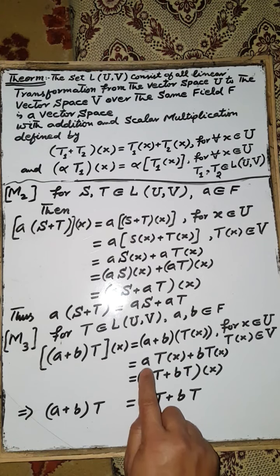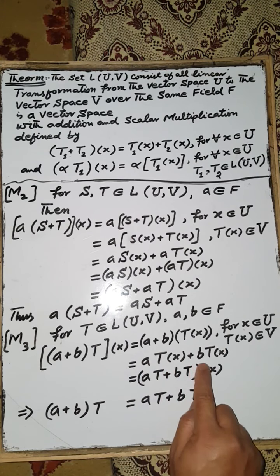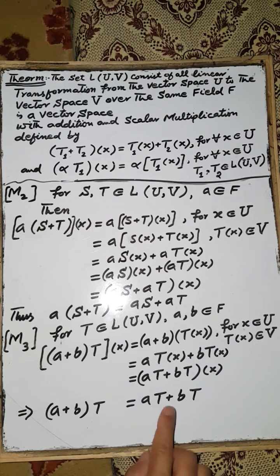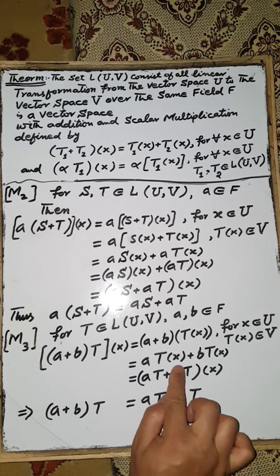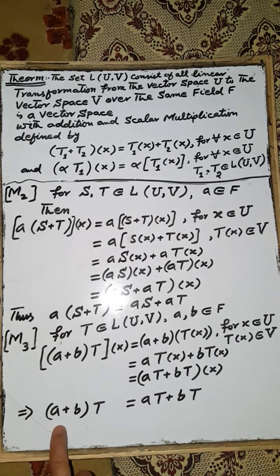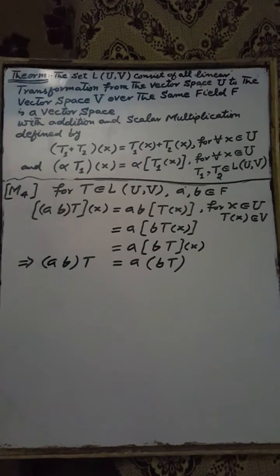That is, ATx + BTx, because V is a vector space over the field F, and again according to this condition we have (A + B)T equal to AT + BT. The next condition is satisfied here.